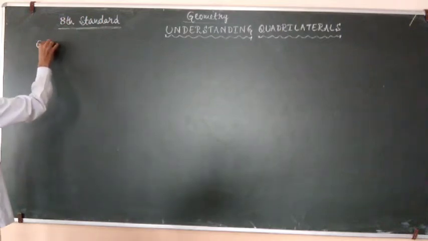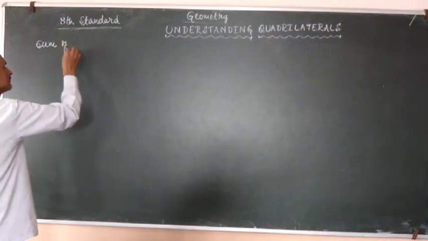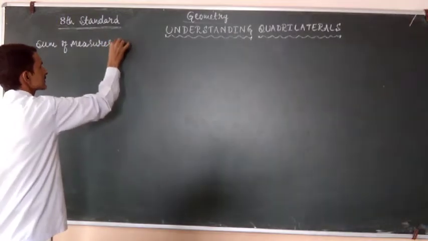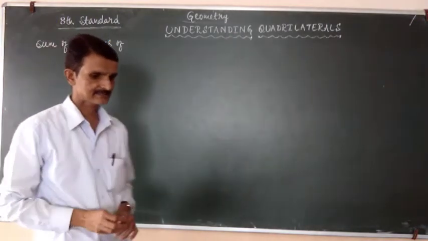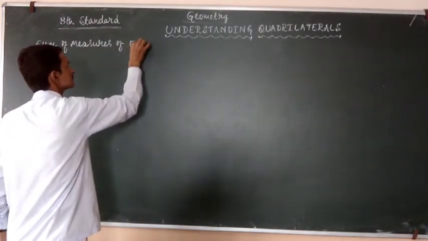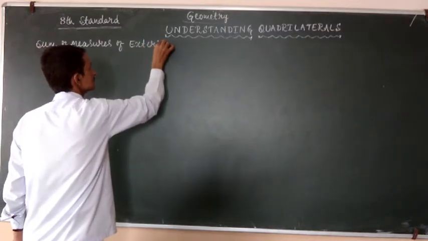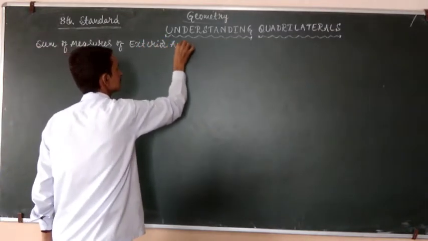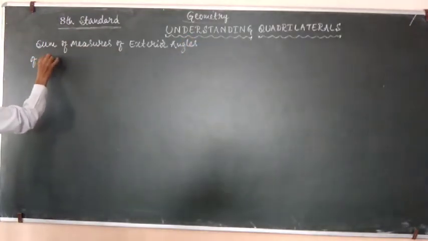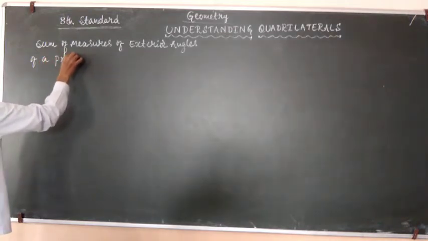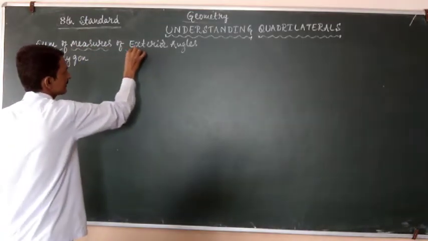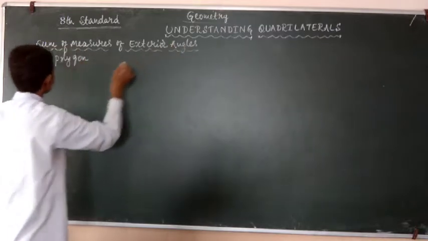Now, the sum of measures of exterior angles of a polygon. You are already familiar with the different types of polygon.